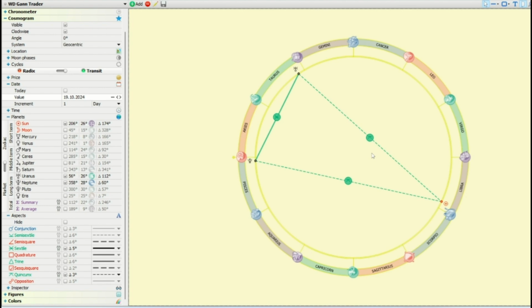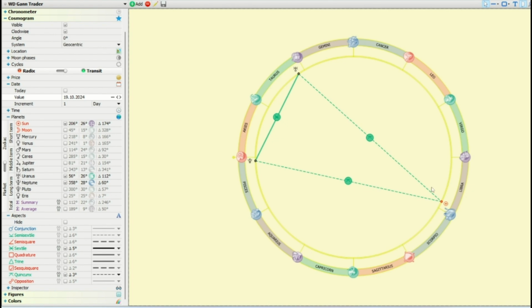So this pattern works as a very good reversal. If the market is in bullish mode, then after this pattern we can see a reversal to the bearish side. And if the market is in bearish mode, then after this pattern we can see a reversal in the bullish direction. I hope you are clear with this concept.